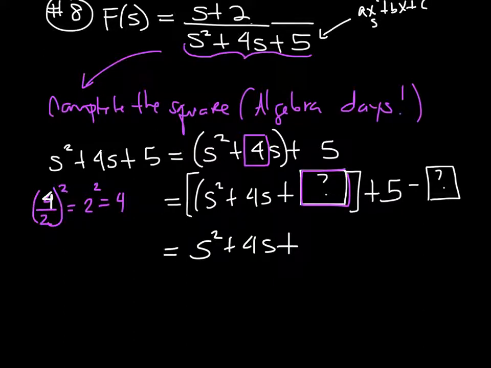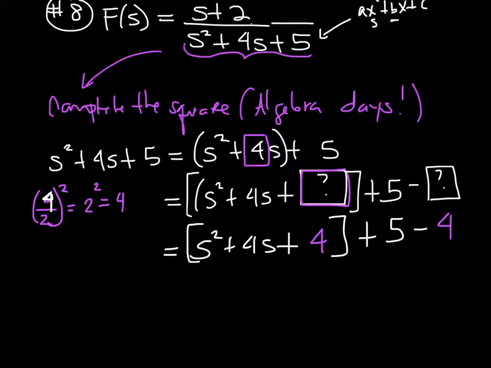So we take half of our b in our polynomial. So I'm really adding 4. If I'm adding 4, let me put that in brackets, I'm really subtracting 4 here. So plus 5 minus 4. Okay, so that's completing the square.